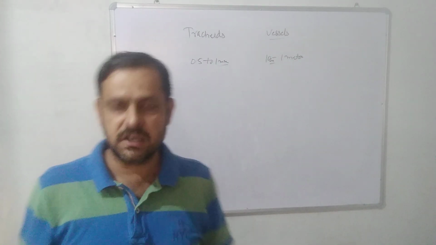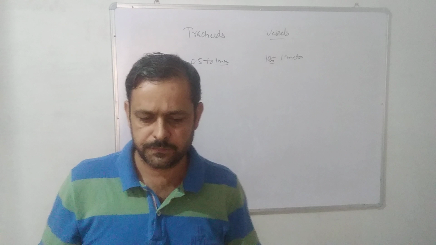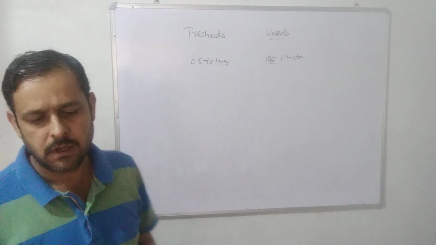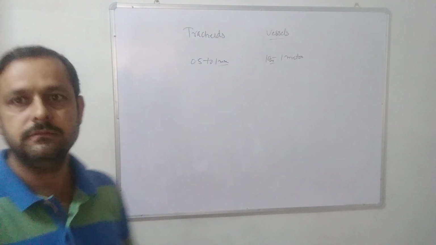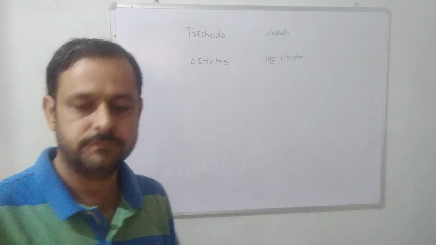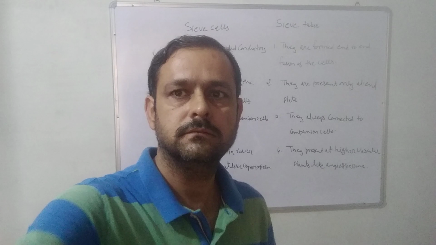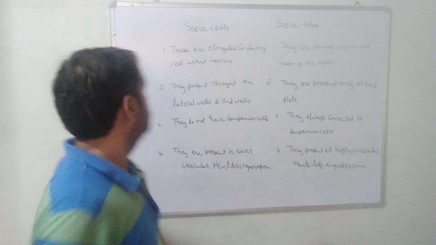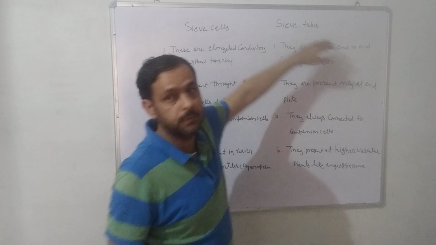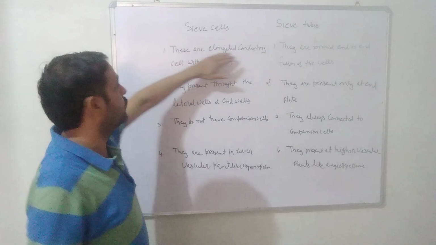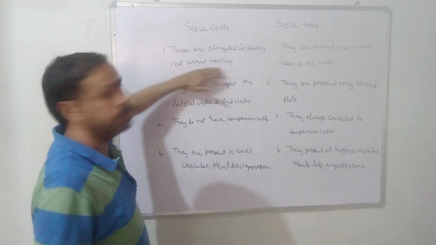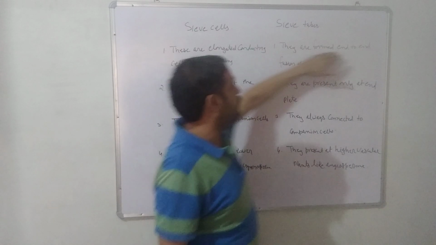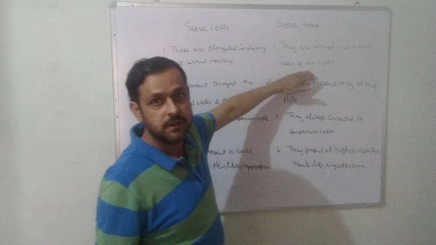Then there are sieve cells and sieve tubes. The basic differences between sieve cells and sieve tubes are: first, sieve cells are elongated conducting cells with tapering ends, while sieve tubes are formed by end-to-end fusion of cells.